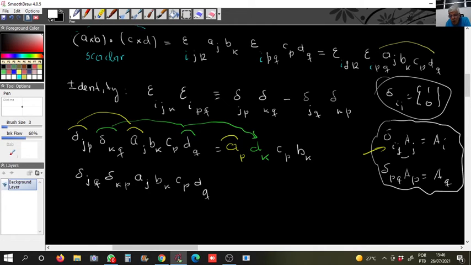You see, look at the right hand side, okay? I only have dummy indices. Now it's quite clear. Let's find another one over here. You see, look, AP CP is A dot C. It's quite easy, okay?